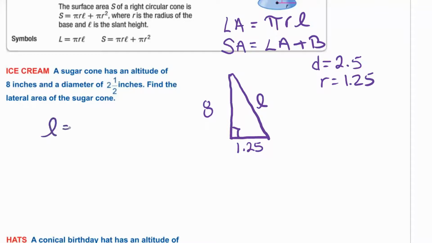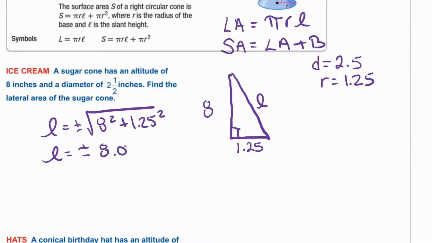So the slant height would equal plus or minus the square root of 8 squared plus 1.25 squared. Putting that into our calculator and rounding to the thousandths, we would have 8.097.